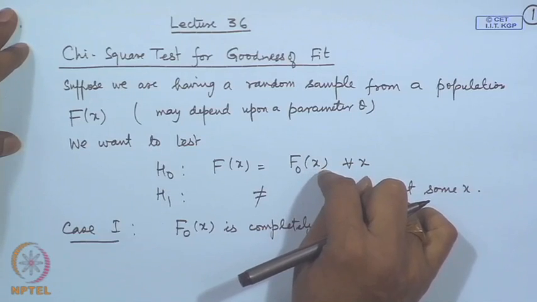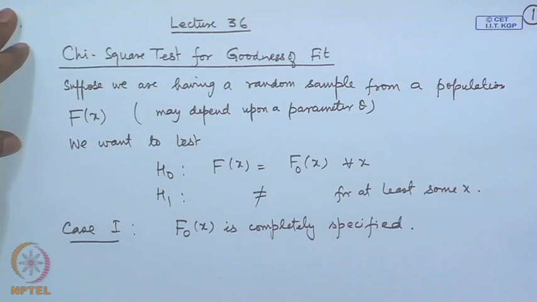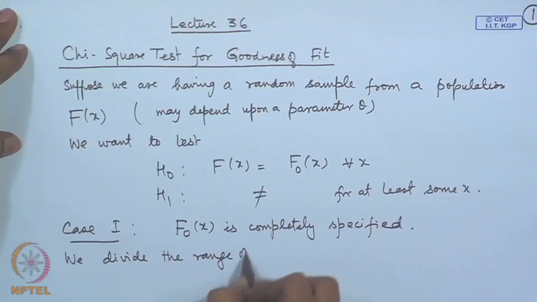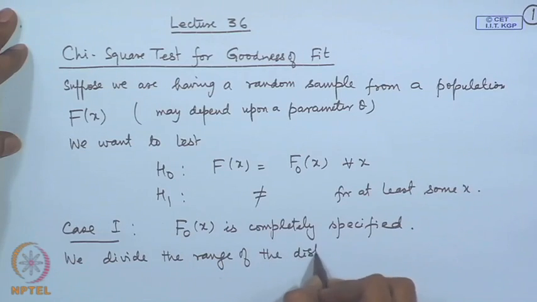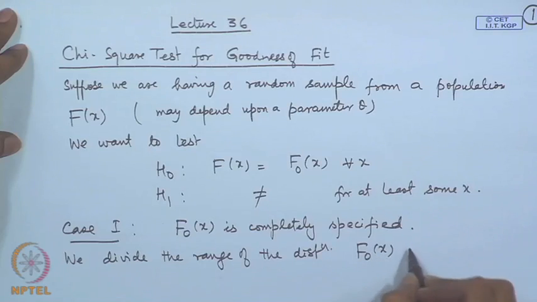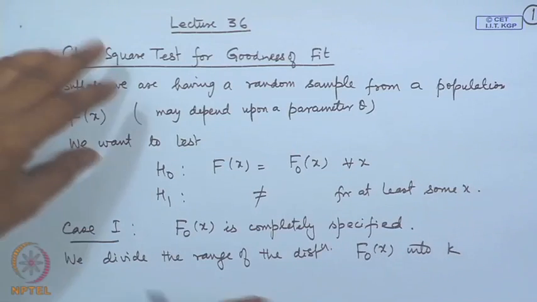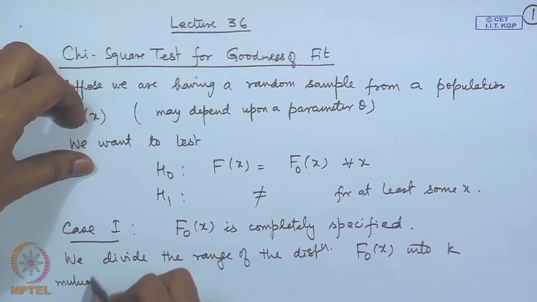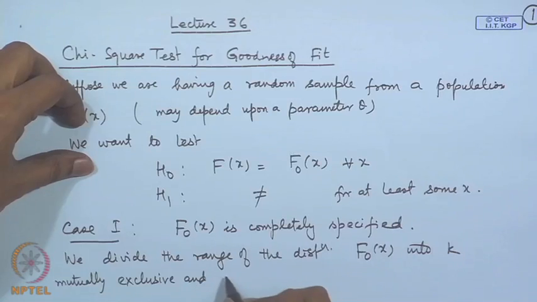Okay. So, the method of applying this chi-square test for goodness of fit is the following. We classify, or you can say we divide the range of the distribution f naught into k mutually exclusive and exhaustive intervals.